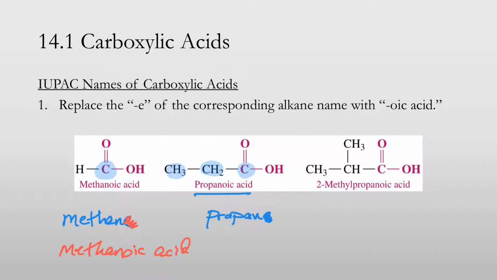And then we've got 1, 2, 3 carbons in that chain. And then if we were to number it, because we have a substituent group, we've got 1, 2, 3. And so 2-methyl. And then the longest chain is 3, so it's propanoic acid. So you can see it follows the same rules that all of the previous things do, except for that oic acid part at the end of the name.